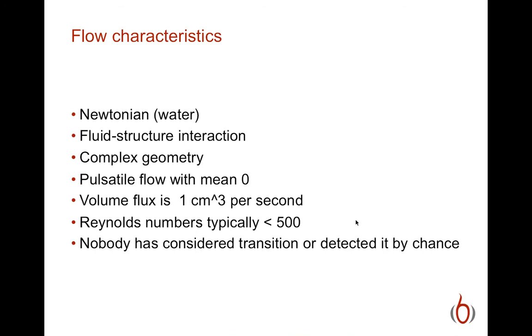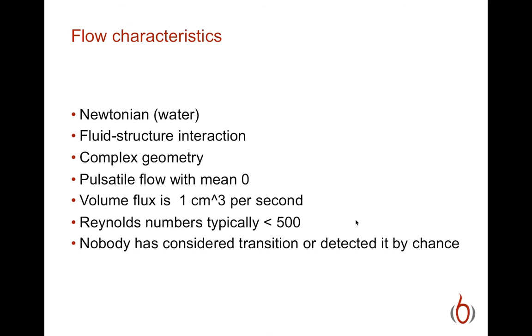So the flow characteristics here are, as you probably know, Newtonian flow. It's basically water. You have strong fluid structure interaction: deformation of the central nervous system, spinal cord, and so on, but also movement. You have a very complex geometry. You have pulsatile flow with a mean that is approximately 0.